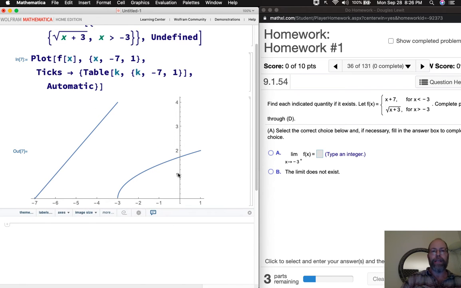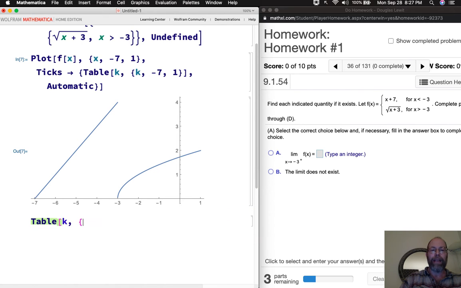Okay, so now I can see, and by the way, you should remember this from the last video, table K goes from -7 to 1. This is what it does.